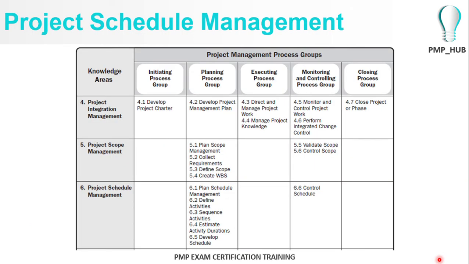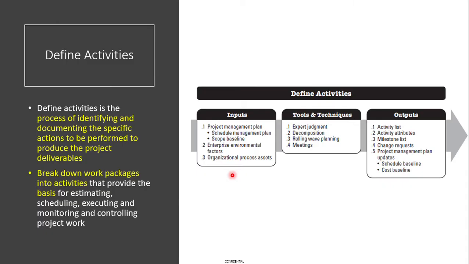Under this process, we try to define the activities based on the work breakdown structure that we have created under Scope Management. We try to understand the work packages under the WBS and decompose them into the minimum level of activities required to perform the project.